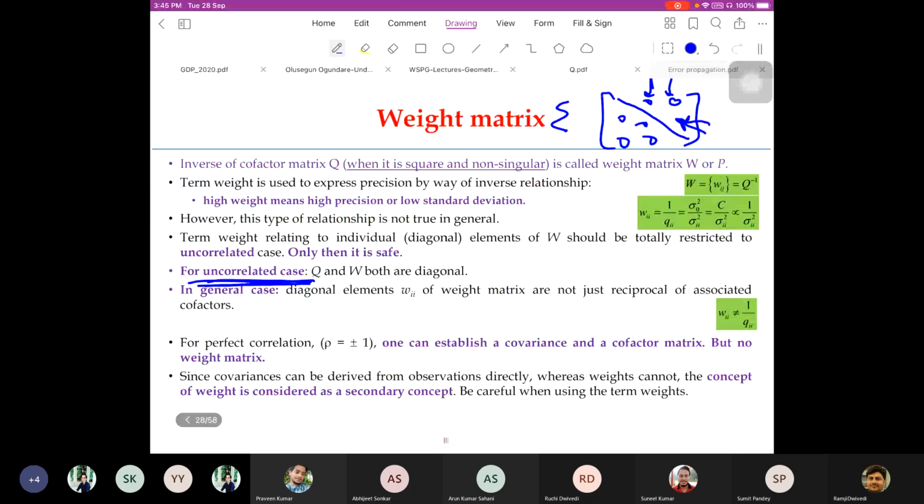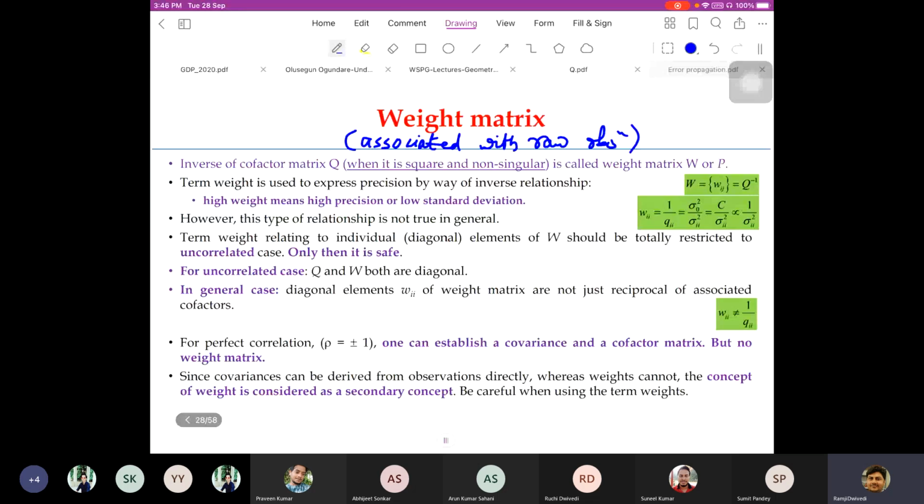Now, what is most important, many times a student confuses this part. It is associated with raw observation. Whatever you collect in the field is associated with raw observation only, and it cannot be propagated.